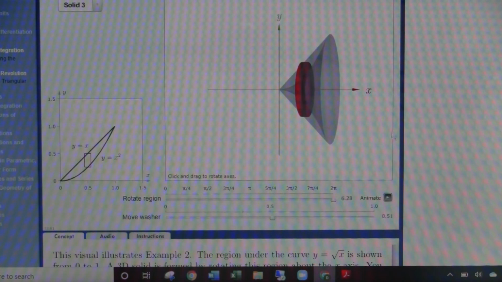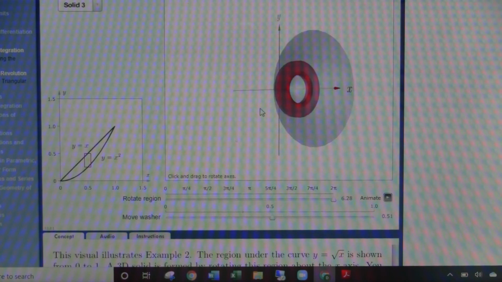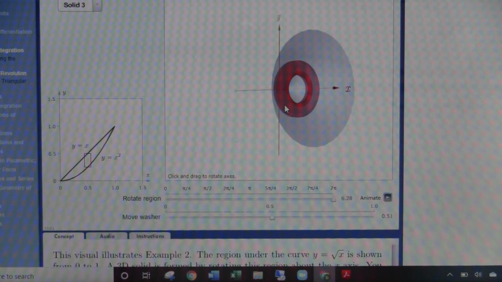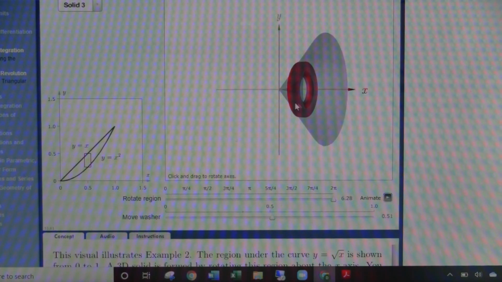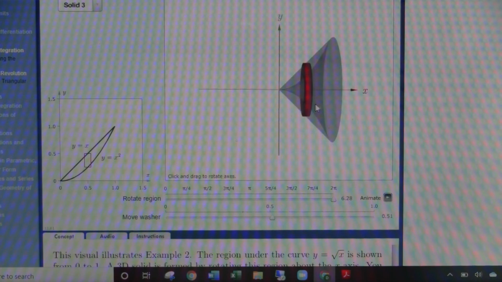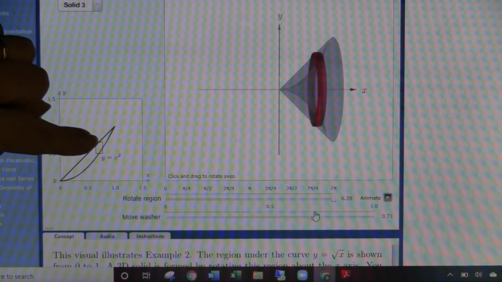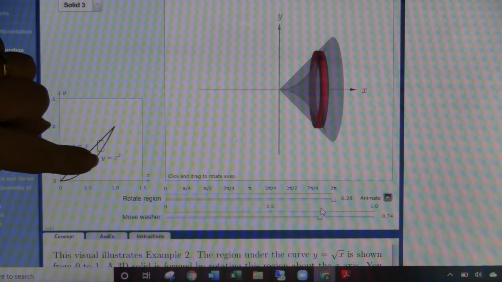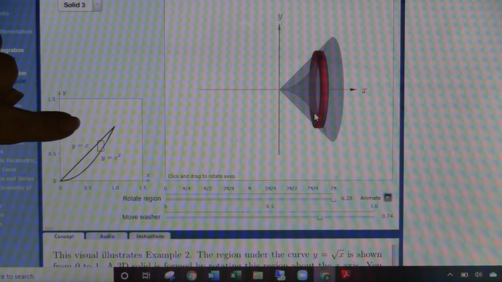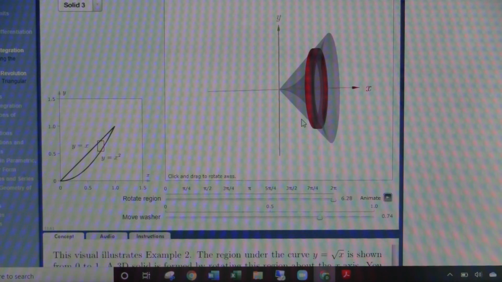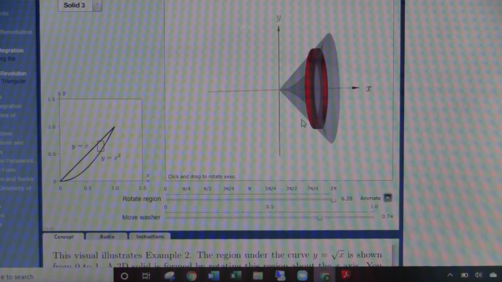When I rotate this, you can see that it actually has a center that's hollow. And that washer, so you can certainly look at that and move this washer around. When you move the washer around, you can see the solid. You can see the hollow center even better as you rotate it and look at it. Okay, so that's what we're trying to find the volume of.